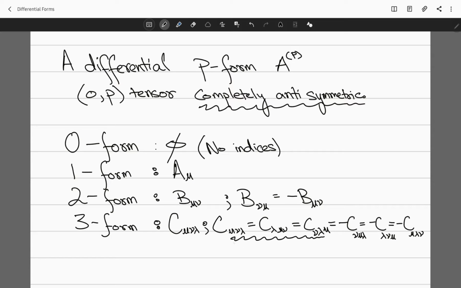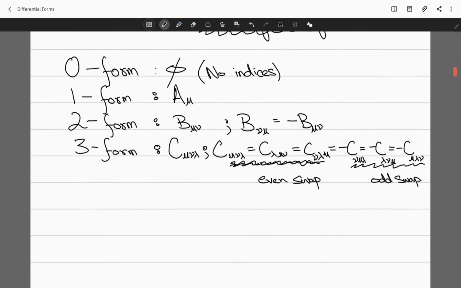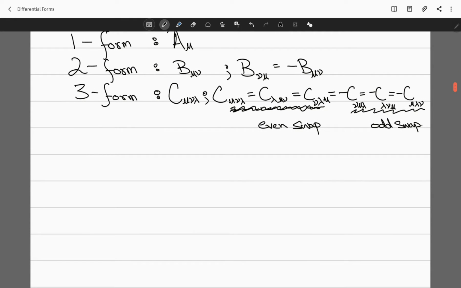So the first ones are with an even number of index swaps, and these are with an odd number of index swaps.